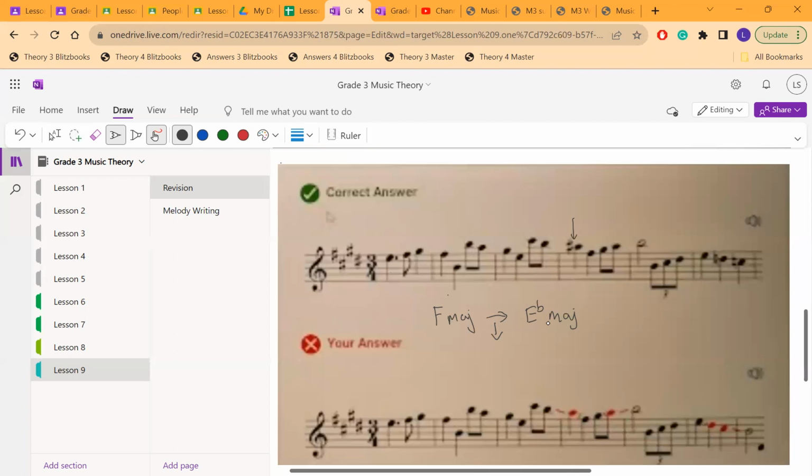Do you have the original? I just need it. Okay.